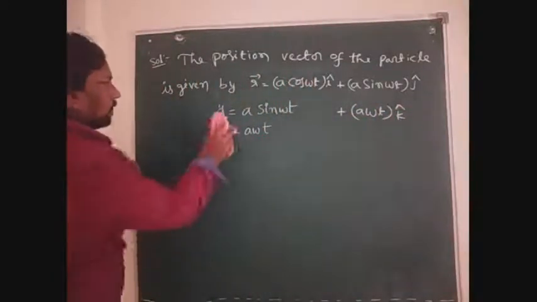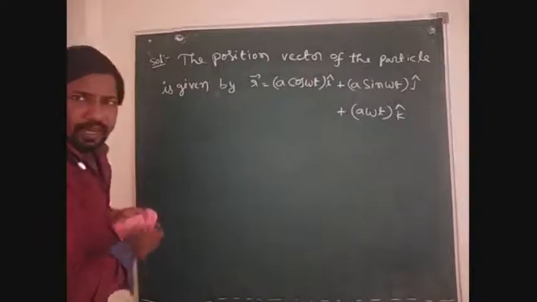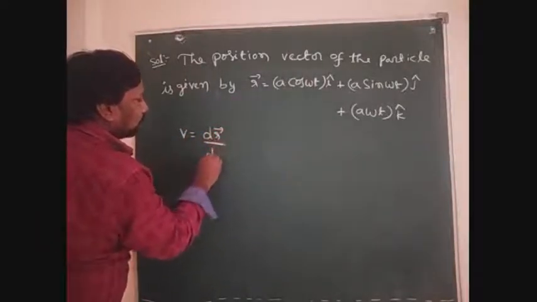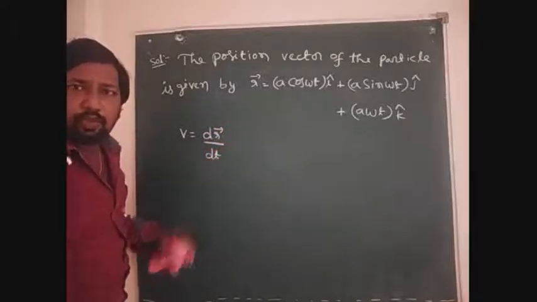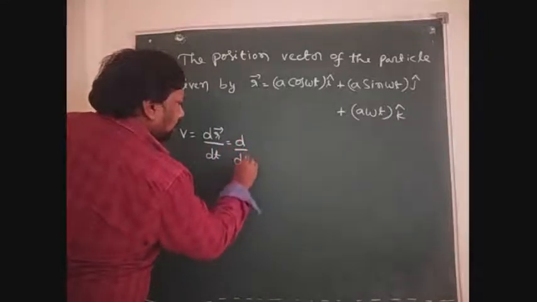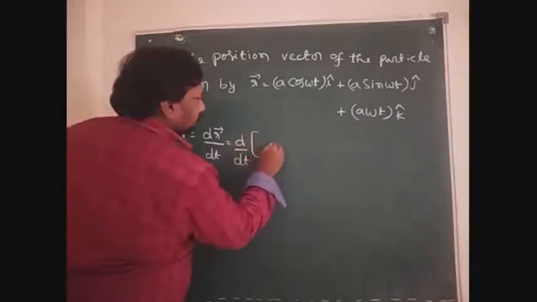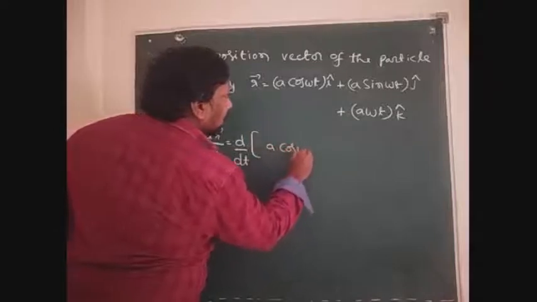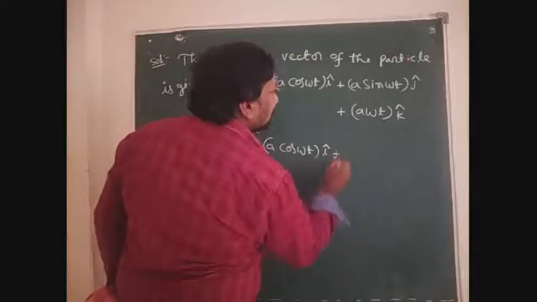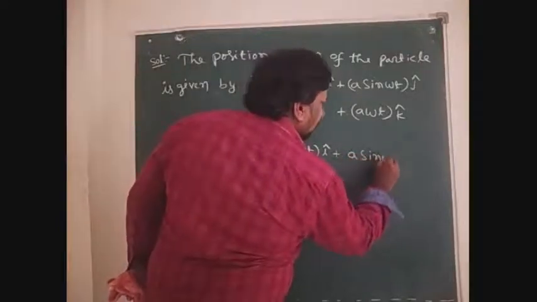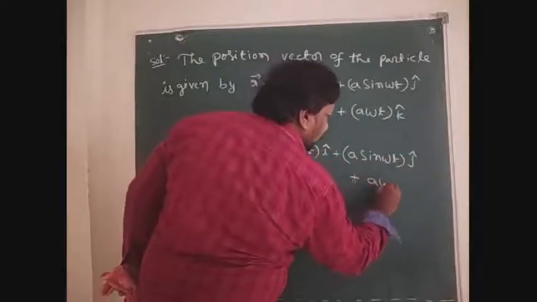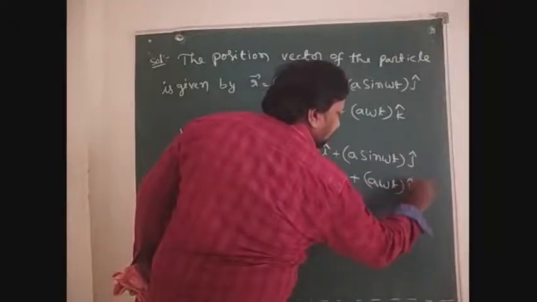Now we can find the speed. So v equals the derivative of the position vector with respect to time, dr by dt, that is d by dt of a cos omega t i cap plus a sin omega t j cap plus a omega t k cap.